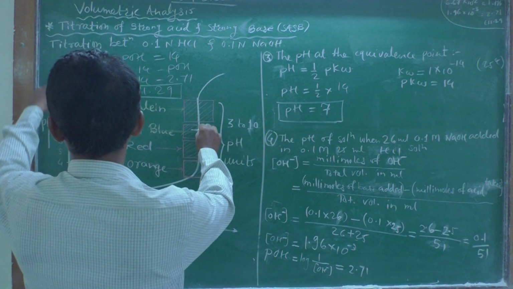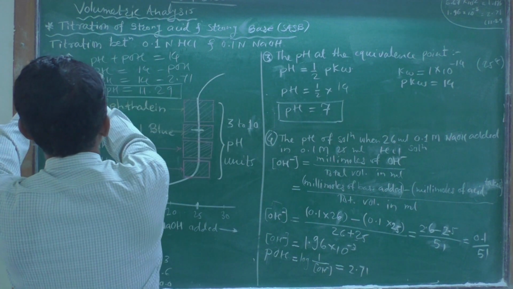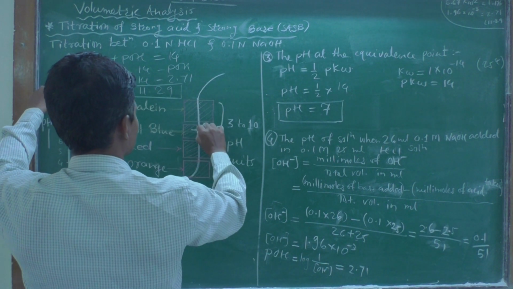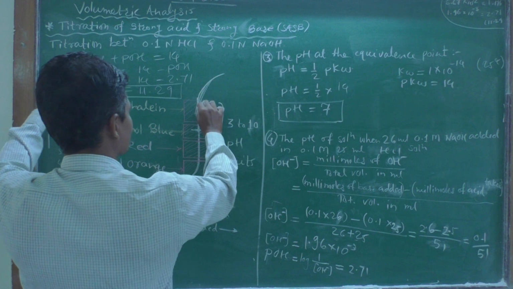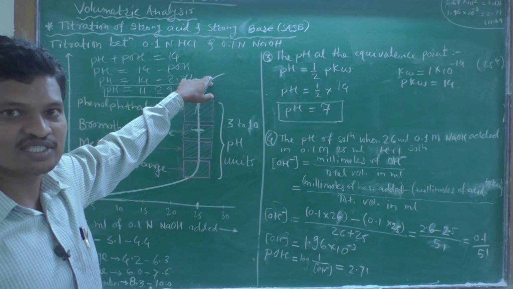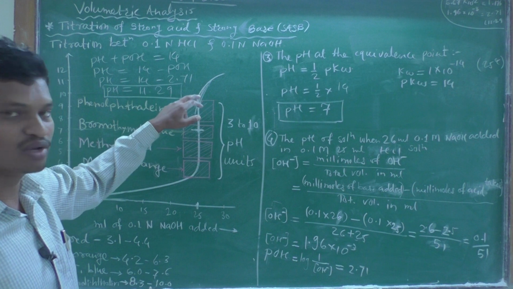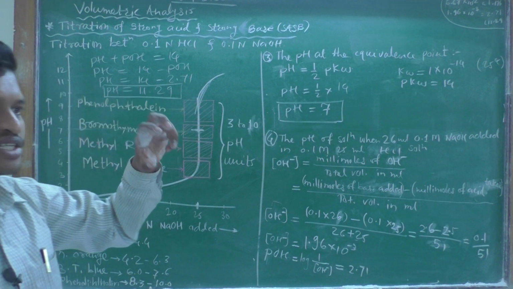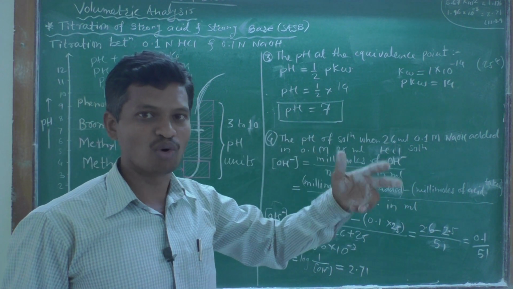So this drastic change in pH can be observed when we are adding just 1 ml extra of the base from the burette.